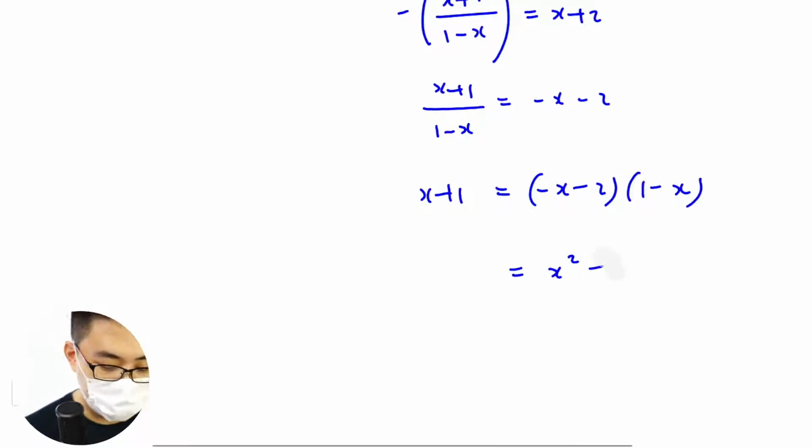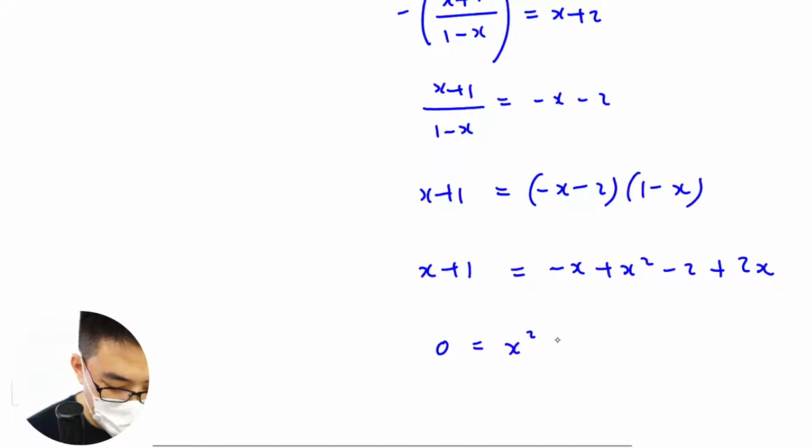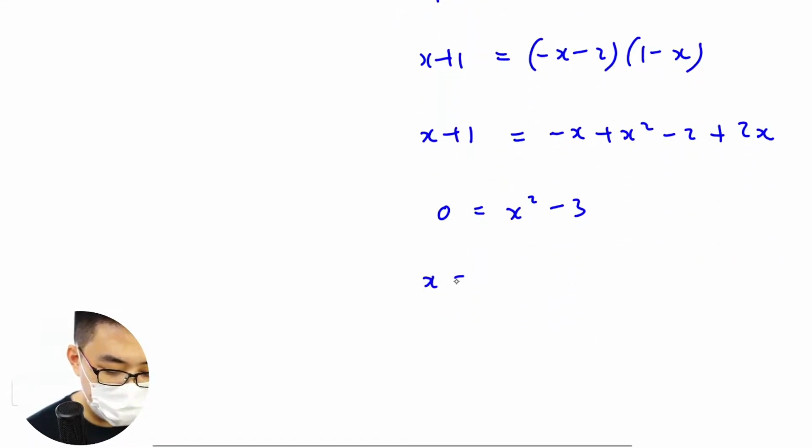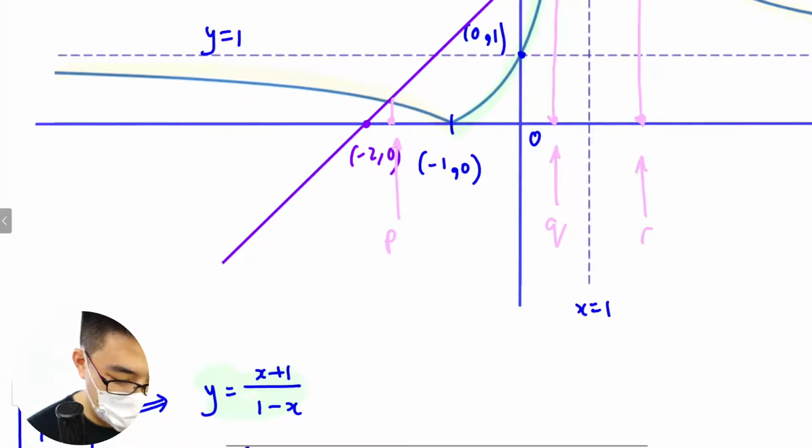Okay. Minus 1 for x. So this will be negative root 3. This is root 3. Okay.